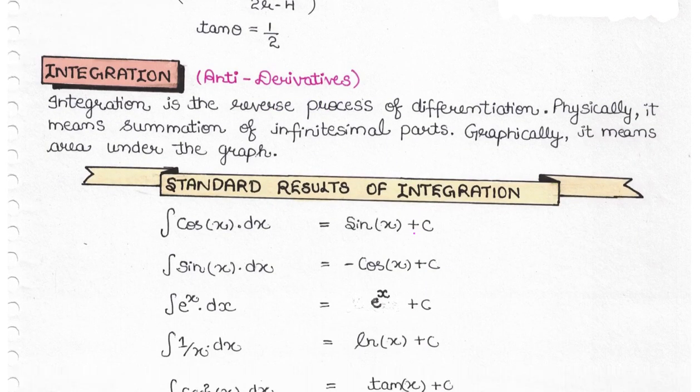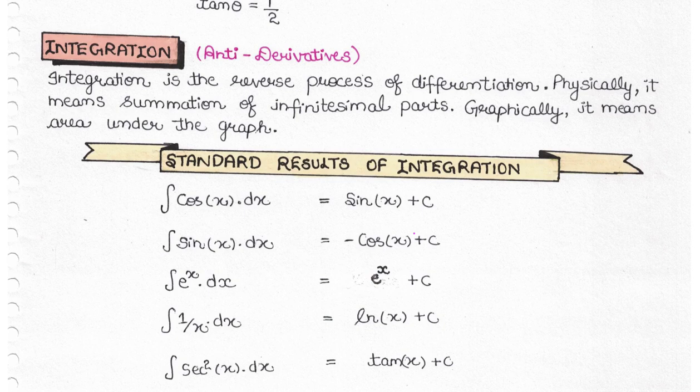Now, what is integration? Integration is an antiderivative, or we can say integration is the reverse process of differentiation. Physically it means summation of infinitesimal parts, or graphically it means area under the graph.